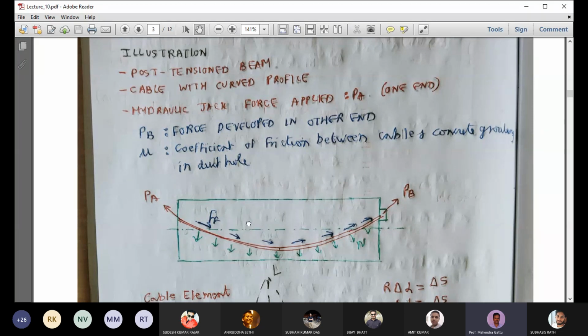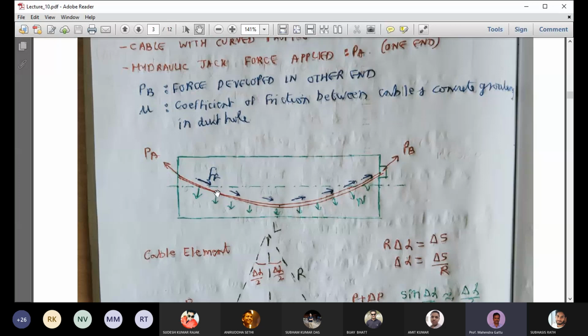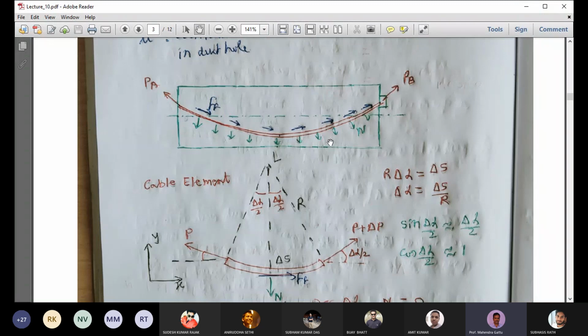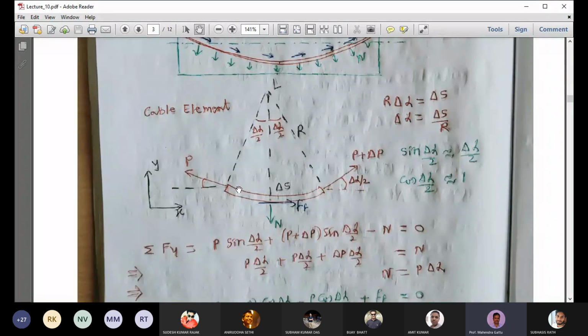So we found a relation by analyzing a small cable element, to see how the axial force reduces along the length. We took a cable element with some load P on the left-hand side and P plus dP on the right-hand side, a normal reaction N acting downward and a friction force acting in the rightward direction.